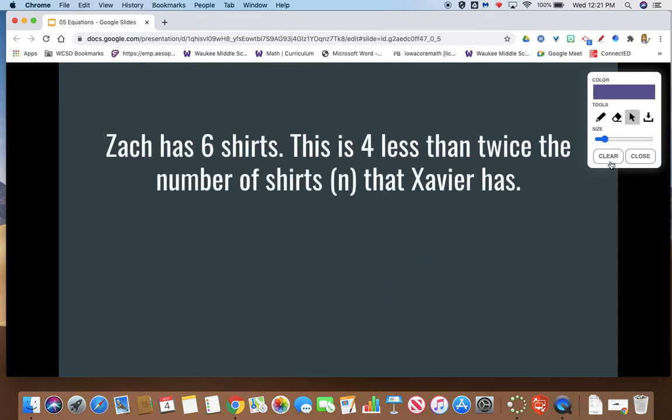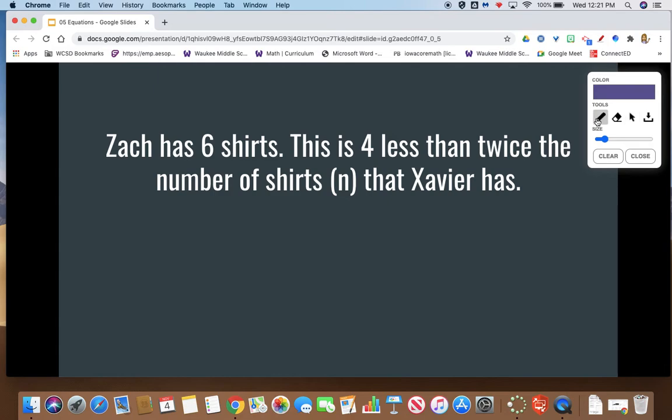Zach has 6 shirts. This is 4 less than twice the number of shirts, we can use N for shirts, that Xavier has. Let's set this up thinking about each of our people and what expressions we would use to represent them.